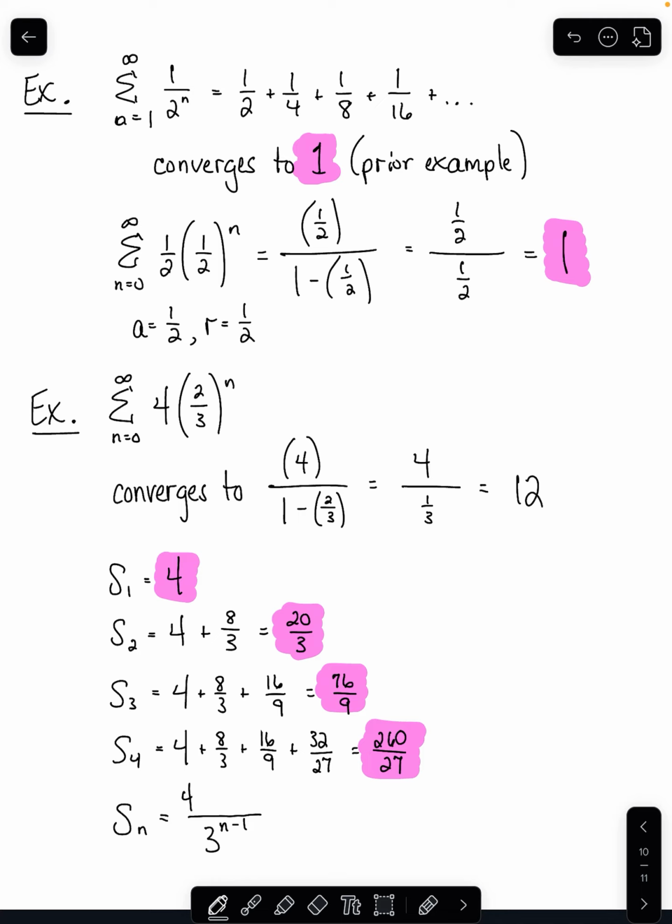However, as it turns out, the numerator is equal to 4 times 3 to the n minus 2 to the n. Not obvious, but it's there if you wish to go through and verify that.